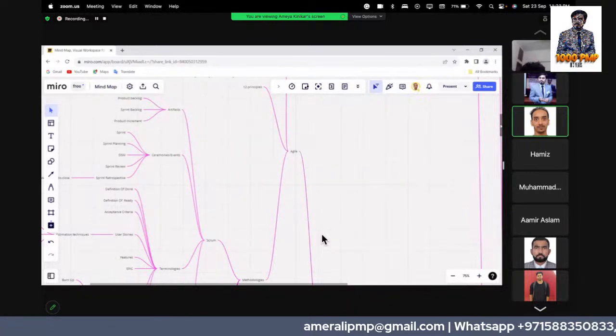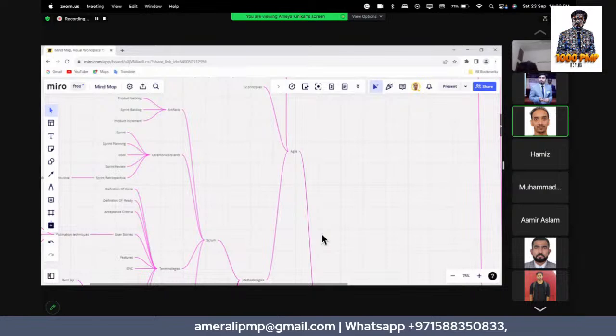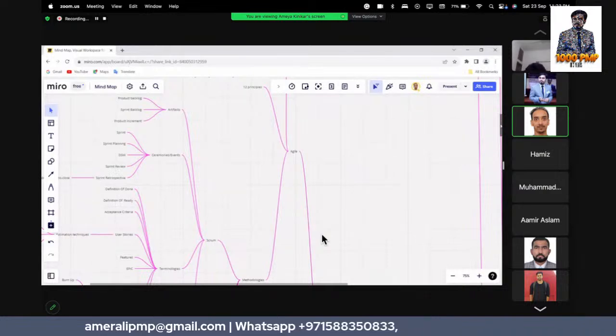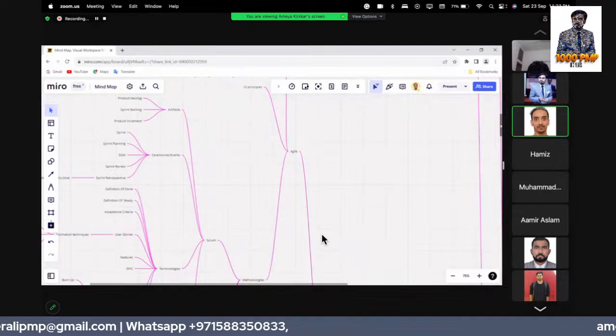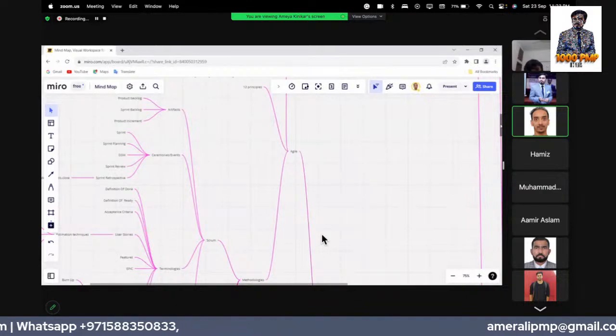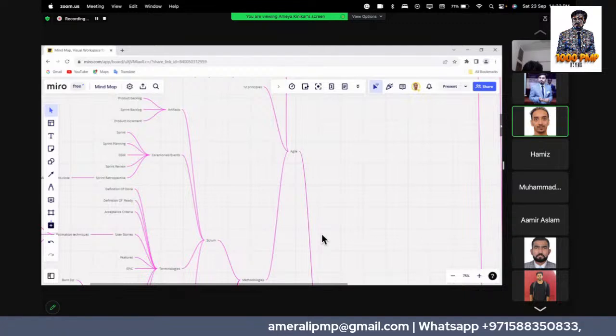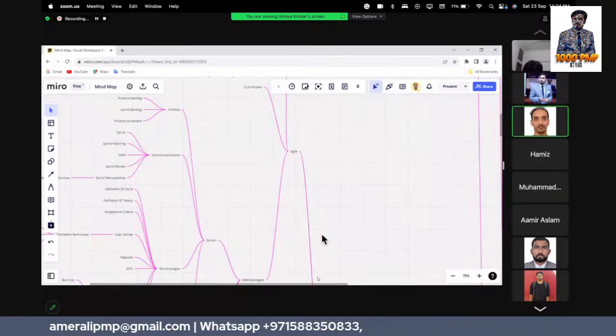Under artifacts, we have product backlog, sprint backlog, and product increment. And we have 5 ceremonies or events, which are sprint planning, daily Scrum meetings, the sprint review, and sprint retrospective.